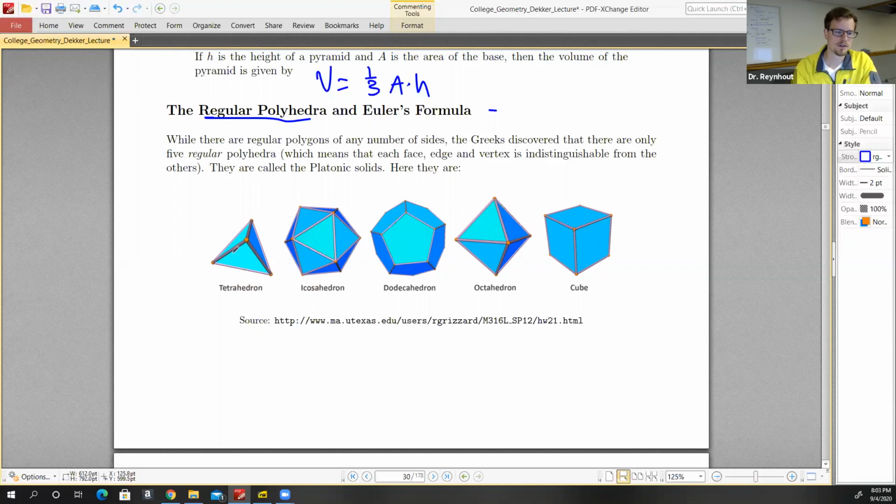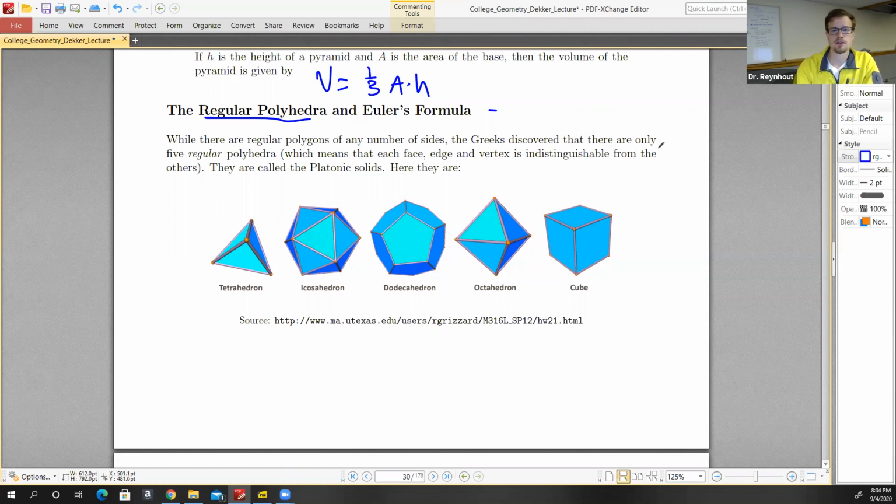Okay, so with the tetrahedron, they're all triangles, and it's all the same triangle. For an icosahedron, same thing, all triangles, all the same triangle. Dodecahedron, they're all pentagons, all the same pentagon. Octahedron, again, all triangles, all the same triangle. And for a cube, they're all squares.